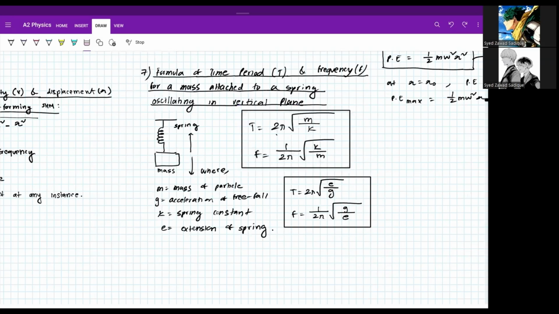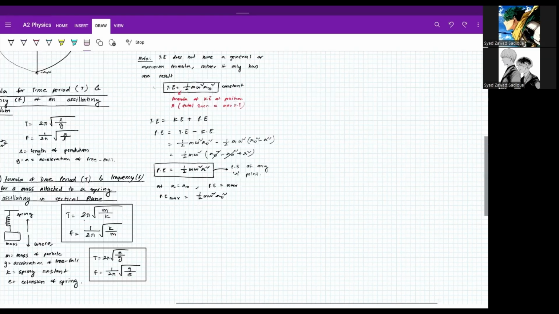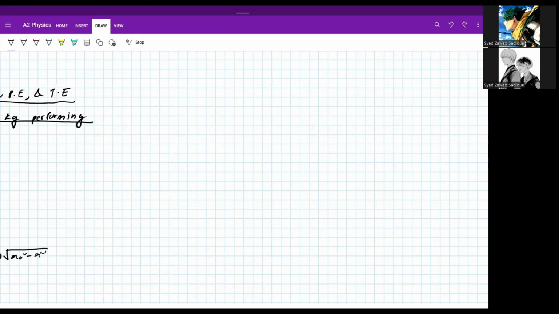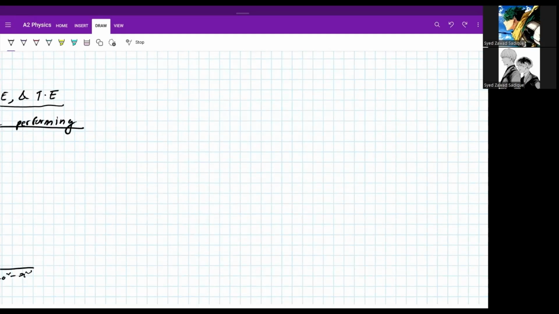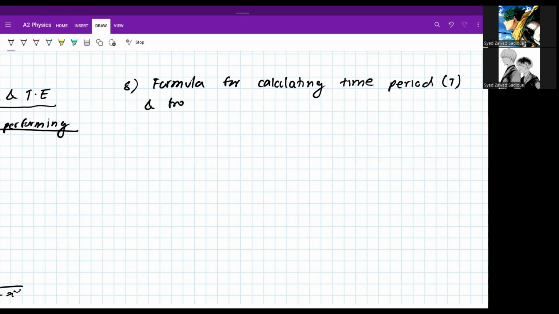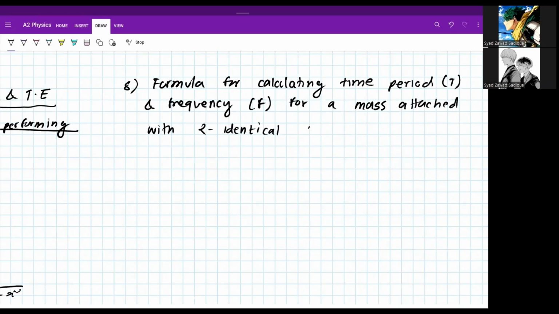Nice. So one more is left. Okay, final one, number 8: formula for calculating time period T and frequency f for a mass attached with two identical springs.